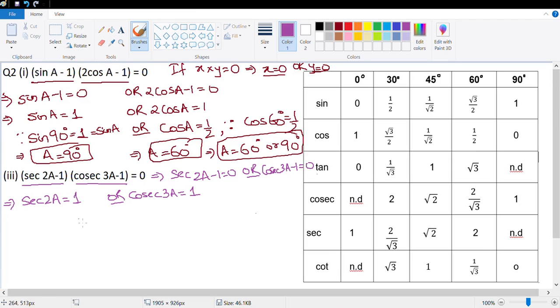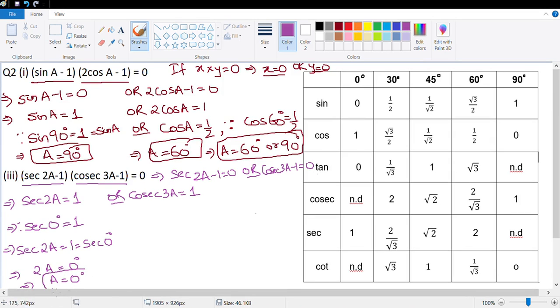Now let's look at the value of sec which is equal to 1. So sec 0 degree is equal to 1. So since sec 0 degree is equal to 1, this means sec 2a is equal to sec 0 degree, which means 2a is equal to 0 degree, which means a is equal to 0 degree.